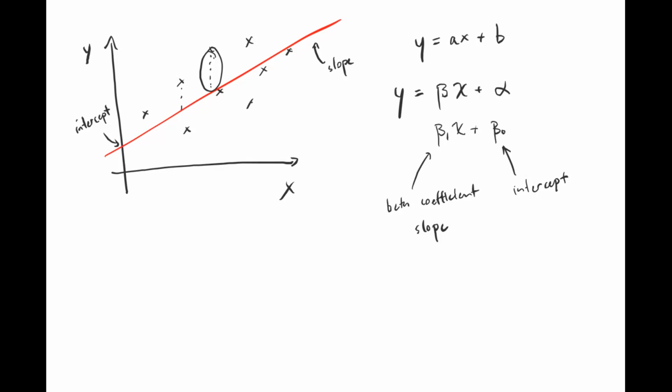So this is your prediction. And so this term here is the error term. And this is also known as a residual. All right.